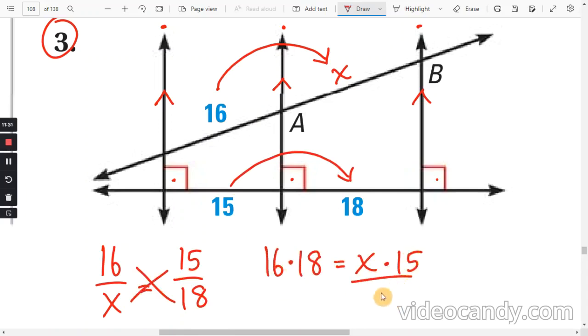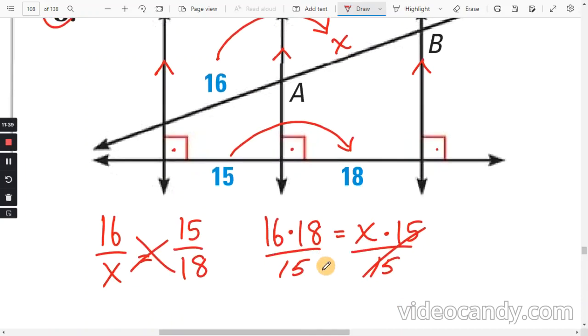Okay, divide both sides by 15. Cancels here. Let's see what we can do with this before the calculator. 18 divided by 3 is 6. 15 divided by 3 is 5. 16 times 6 is 96 over 5.